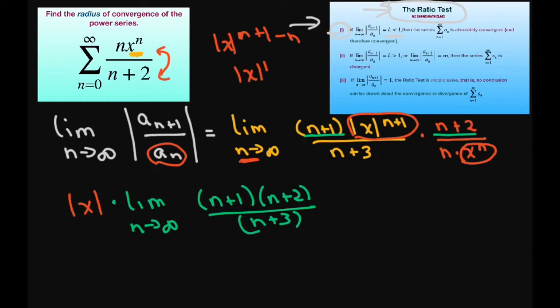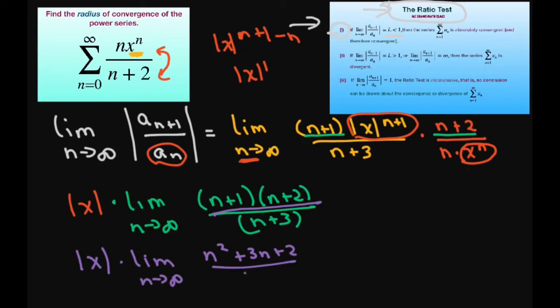Now to help us look at this a little better, let's go ahead and FOIL this out. This is going to be n squared plus 3n plus 2 divided by, oh, I have another n here, so I should put n. So it's going to be n squared plus 3n.